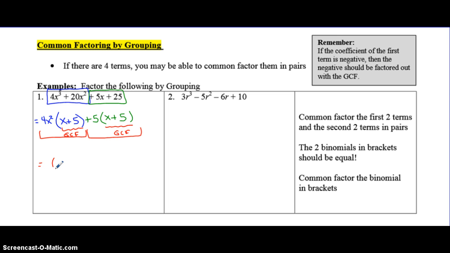So, the greatest common factor comes out first. If you divide this part by x plus 5, you are left with 4x squared. And if you divide this part by x plus 5, you are left with 5. And that is your final answer.